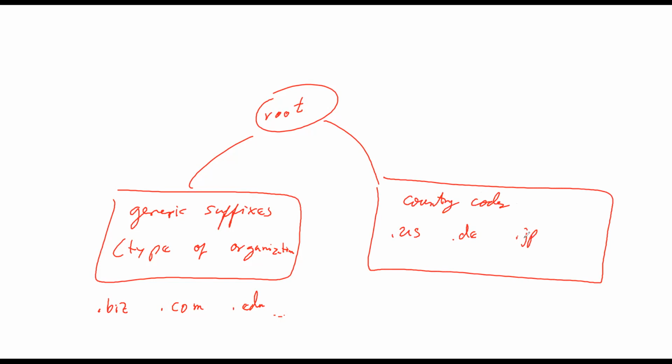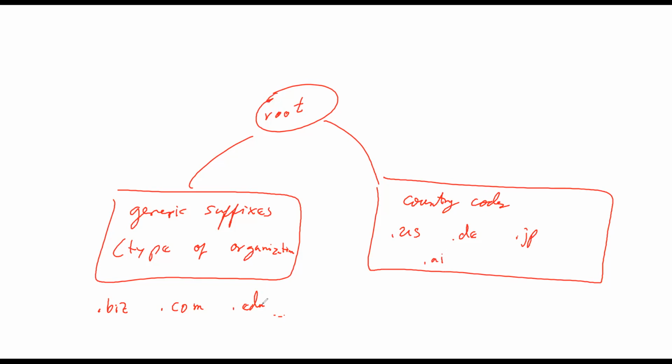Nowadays, a lot of these, like .ai, I think .ai was actually some country, you can look it up, I'm not exactly sure which one. But now you can just buy a domain in those areas as well, because people in AI may want a website called anonymous.ai or something like that. But these were originally the classifications that you had.